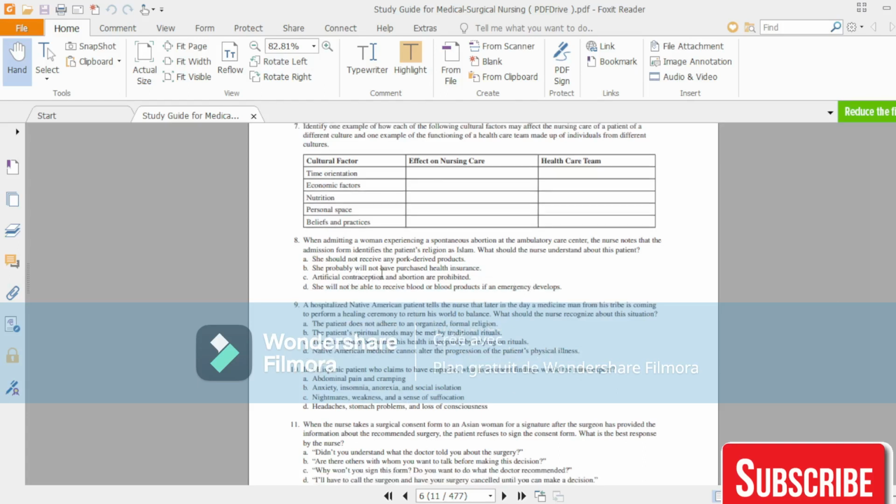She should not receive any pork-derived products. She probably will not have purchased health insurance. Or artificial contraception and abortion are prohibited. Or she will not be able to receive blood or blood products if an emergency develops.